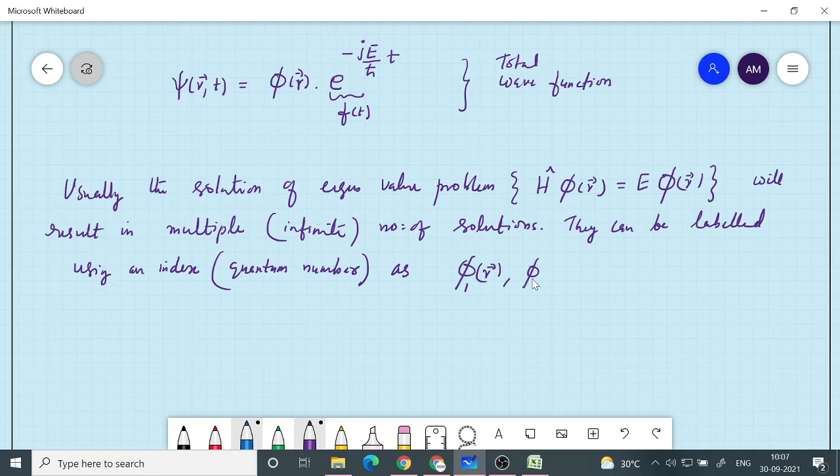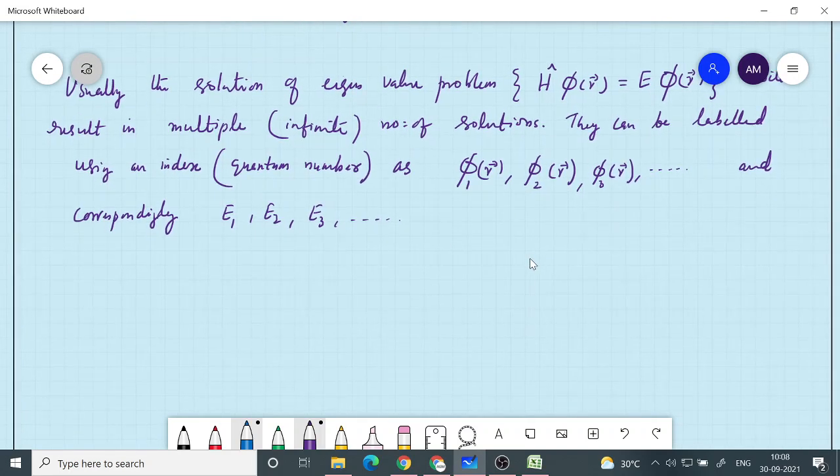And then you have phi 2, phi 3, etc. So this is the way we have it, and correspondingly the eigenvalues will be E1, E2, E3, etc. So what do we mean by this?